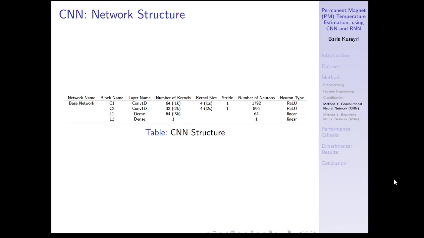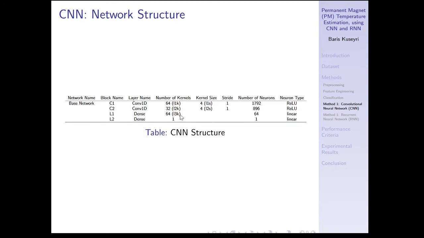Here, I want to present you the structure of my convolutional neural network. As can be seen, there are 4 layers. 2 of them are one-dimensional convolutional layers, and 2 of them are dense layers. This is my base network, the network that I started my study with.